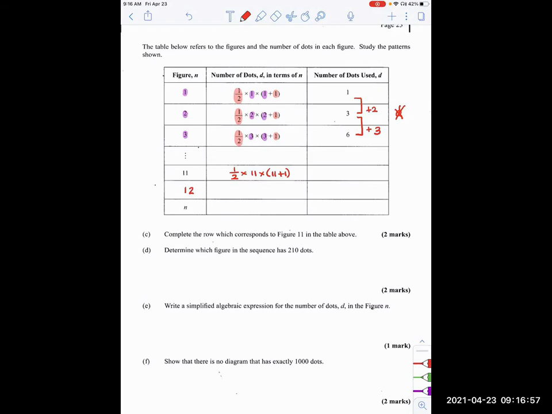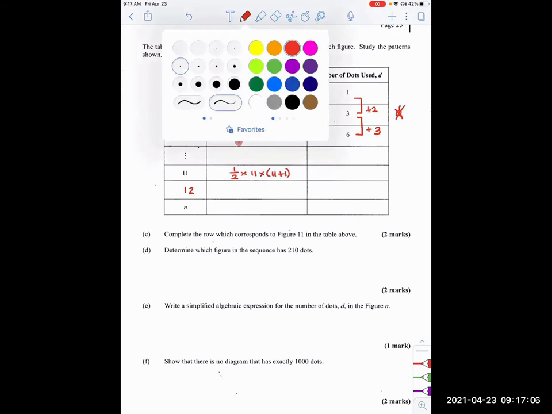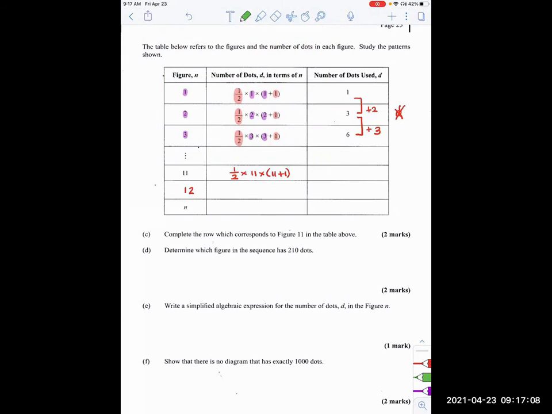Okay, cool, thanks. Malik, share what you have in your book. A half multiplied by 12 multiplied by open brackets 12 plus 1 close brackets. Is there any child in the class who did not get that? No, miss. Everybody got that, right? Yeah, miss.